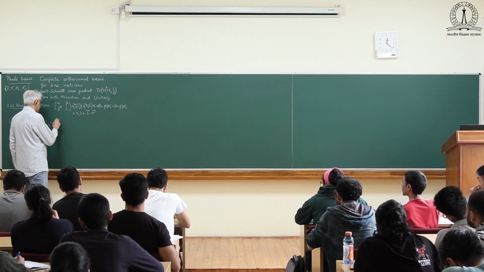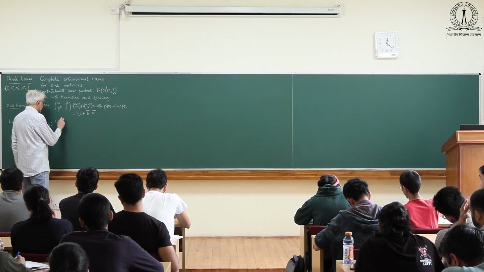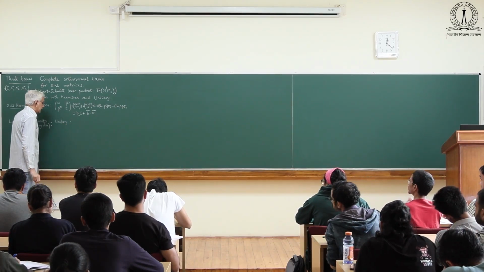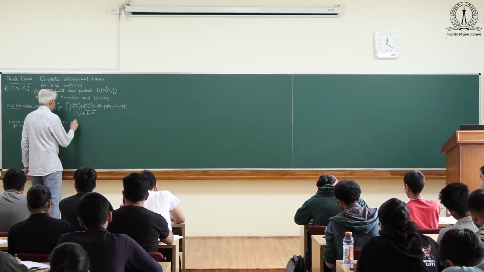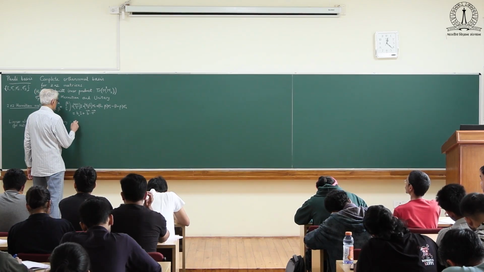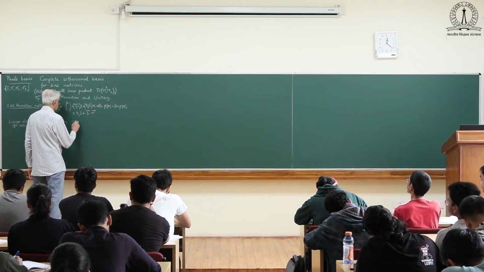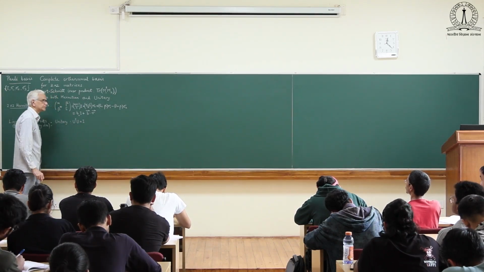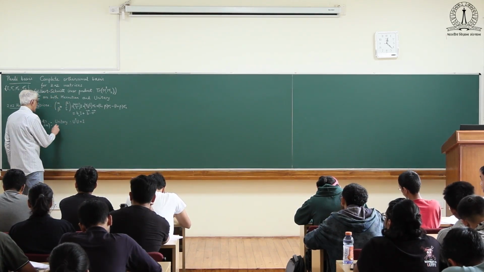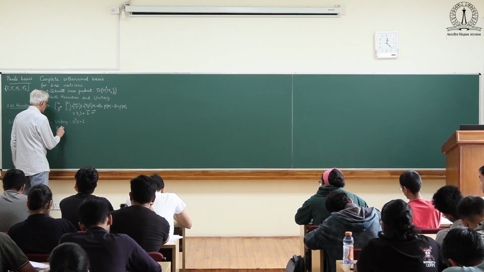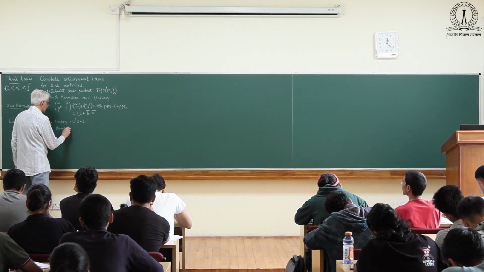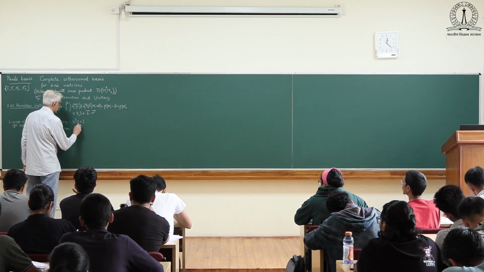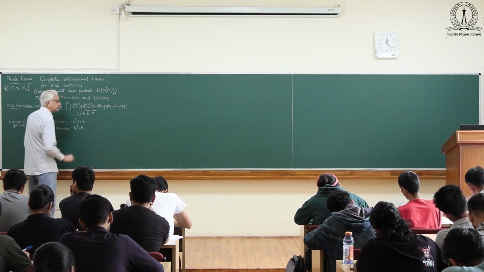So unitary matrices: let me just write U dagger U is identity, and Hermitian, I will write just H dagger is equal to H.